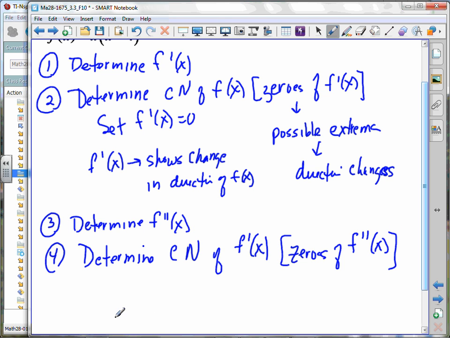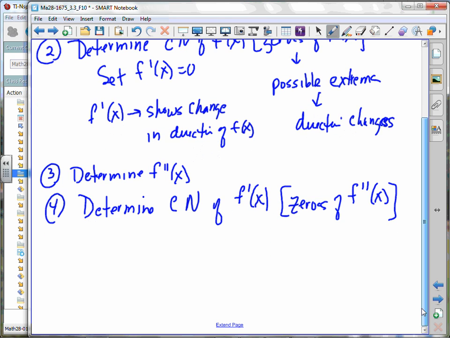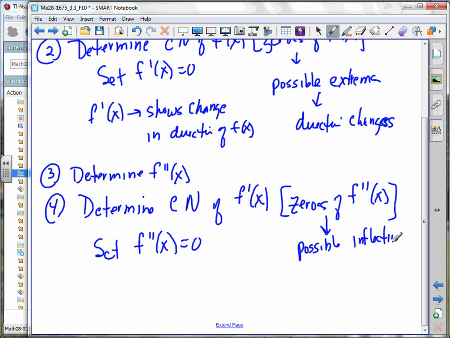Okay, good. Second derivative. In other words, we set the second derivative equal to 0. Now, what do the zeros of the second derivative tell us? Possible inflection points. And inflection points tell us changes in what?